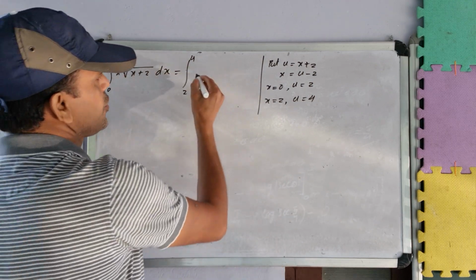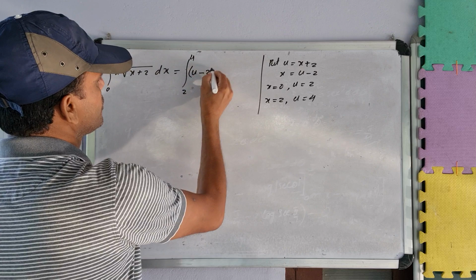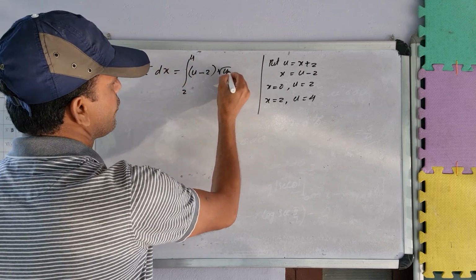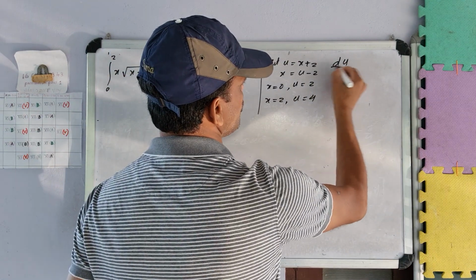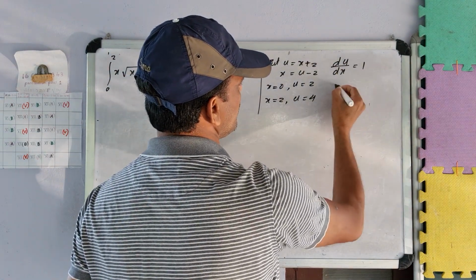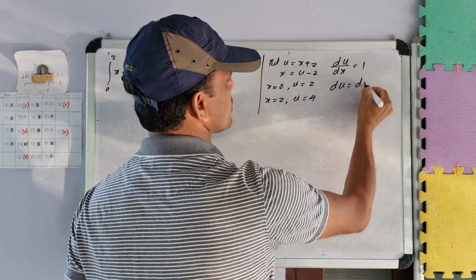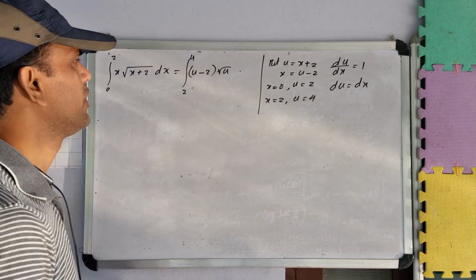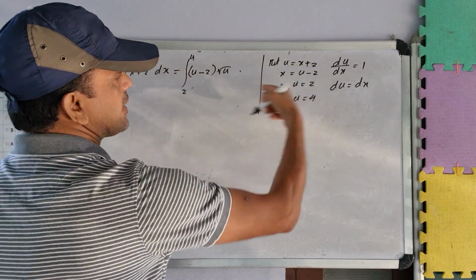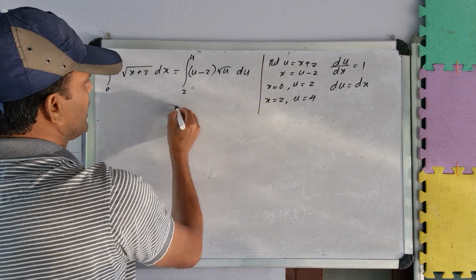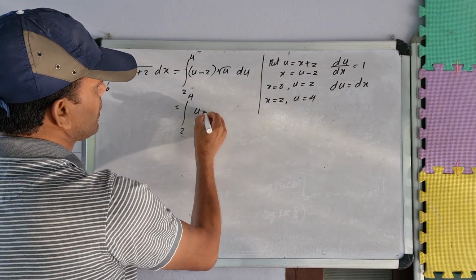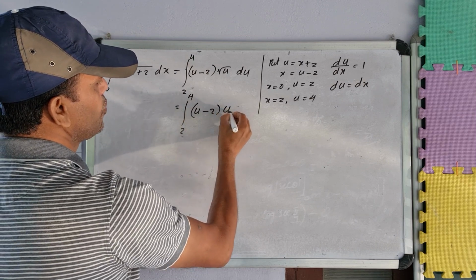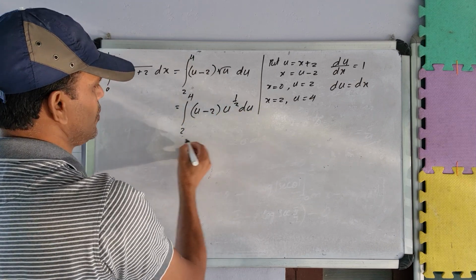And x is u minus 2, times the square root of u, times, let's differentiate, du over dx equals 1, and du equals dx. It's too easy. So dx and du are equal, and we have the integral from 2 to 4 of u minus 2 times u raised to half, du.